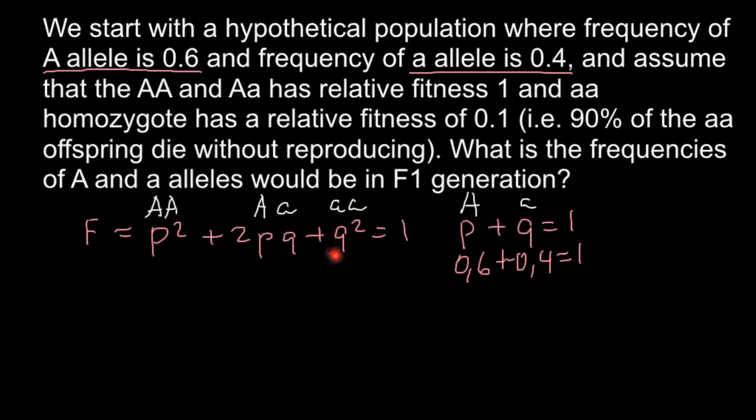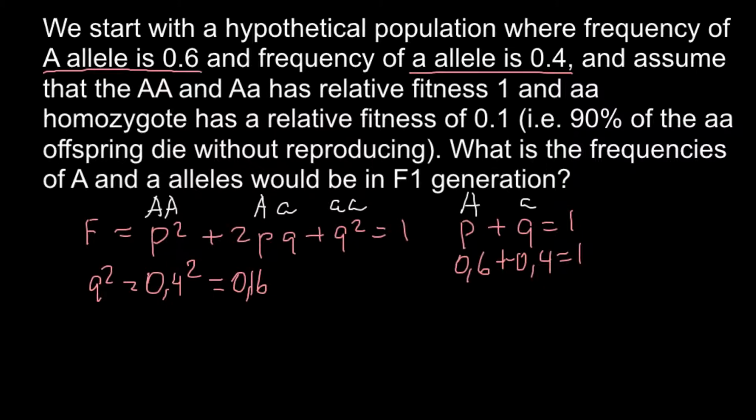Now we can find the homozygous recessive genotype knowing this number. We just have to multiply 0.4 by itself, or square it. So we are going to get 0.16.